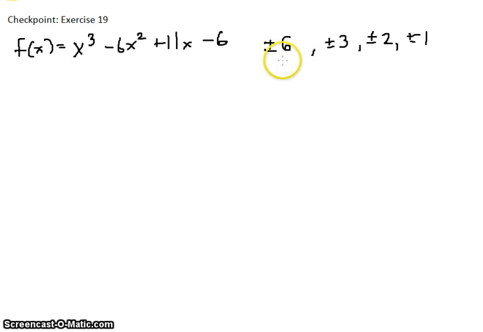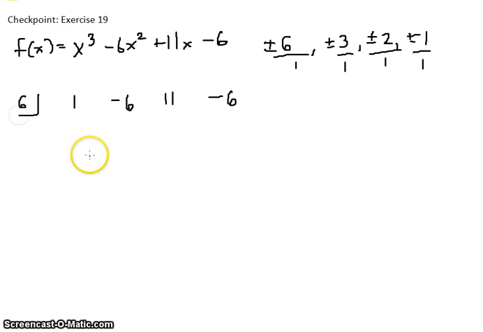And they're all divided by the factors of your leading coefficient. Well, it's nice because they're all over 1, so we don't have to write another set. So I just have 8 possible rational zeros. And the way that we're going to check is I have to check to see which one, when using synthetic division, gives me a 0.